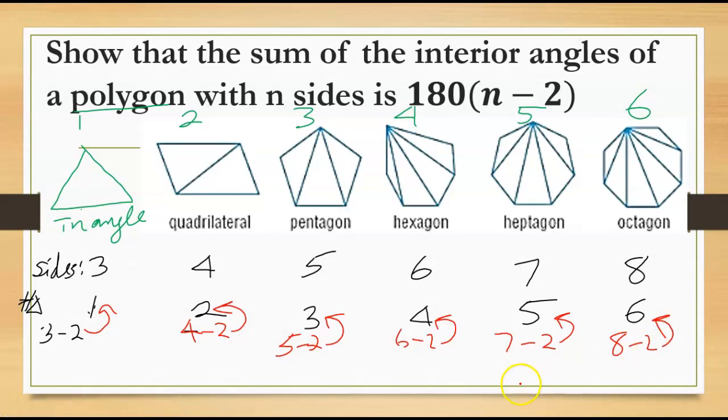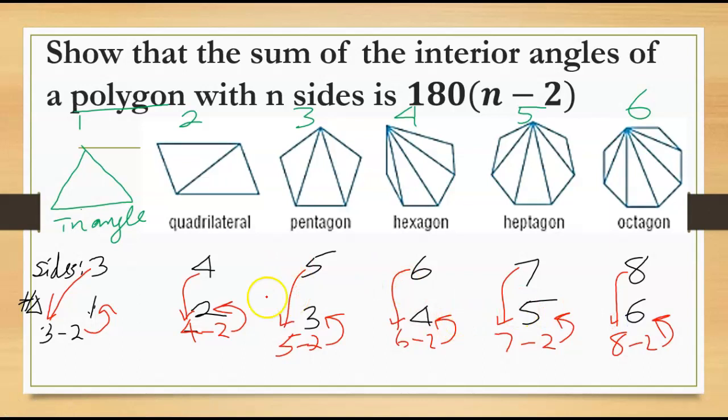So we can connect, since the number of triangles corresponds with the number of the polygons. We have first polygon, second polygon, and then the number of sides that polygon has. So this is the number of sides the polygon has minus 2.